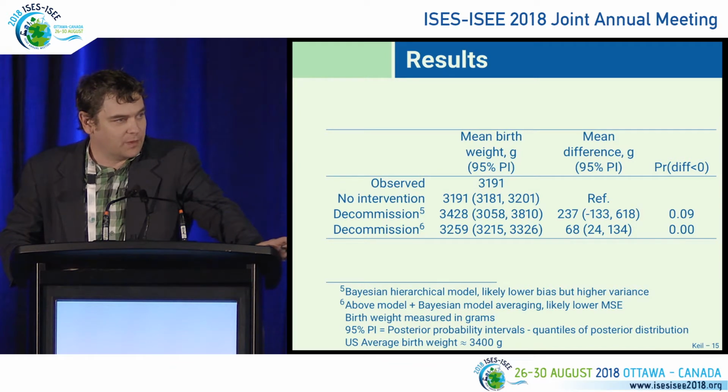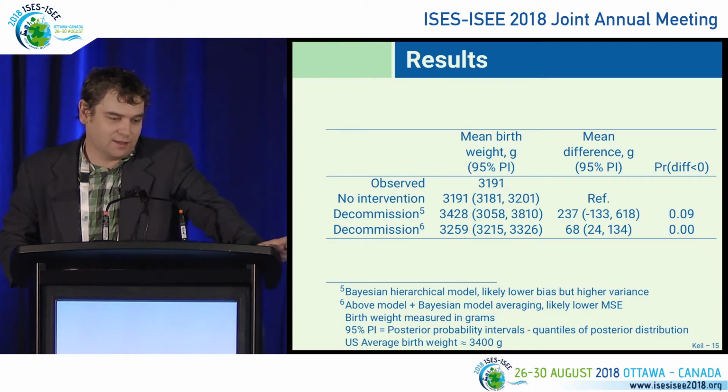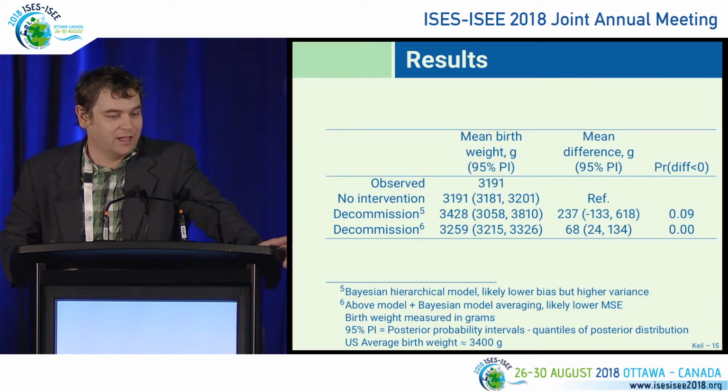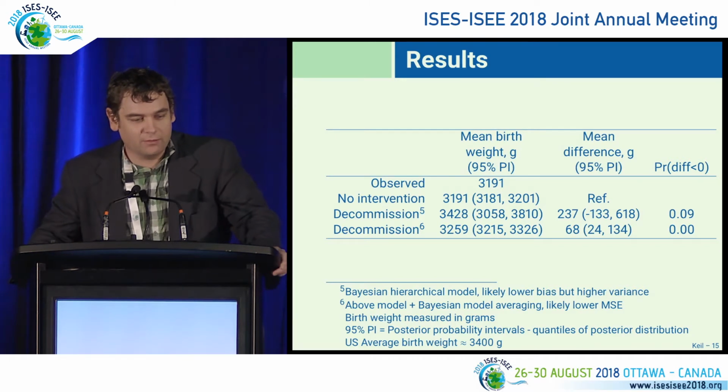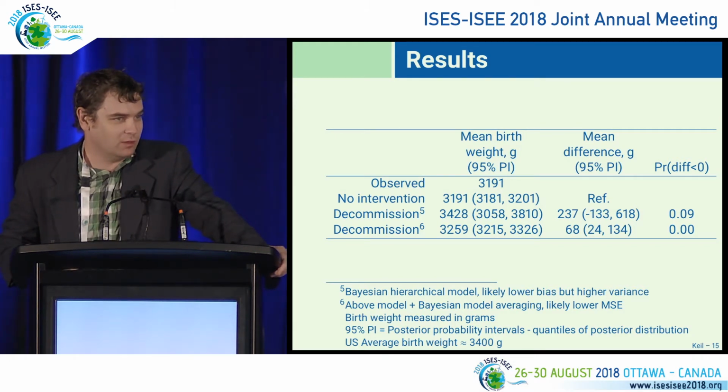So under this hypothesized intervention, we estimate that there would be an increase in the birth weight of 237 grams, which means if we shut off the power plant, we would actually improve birth outcomes.